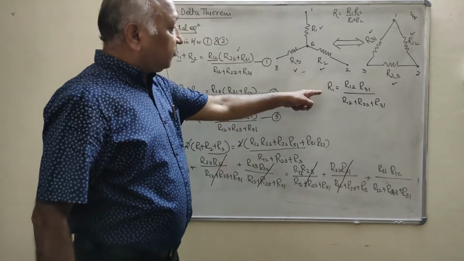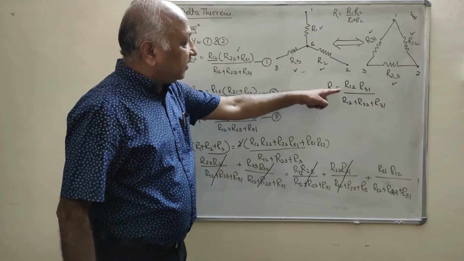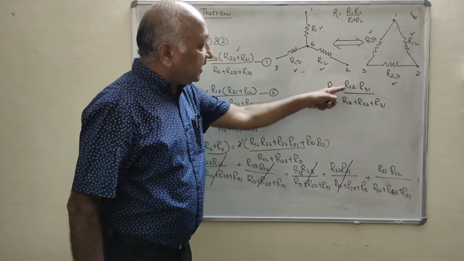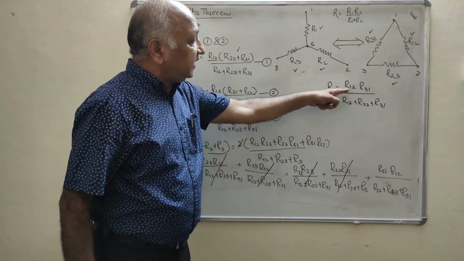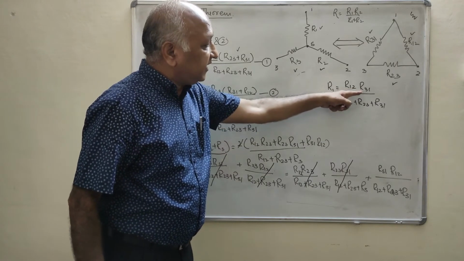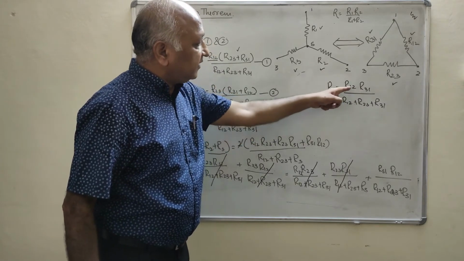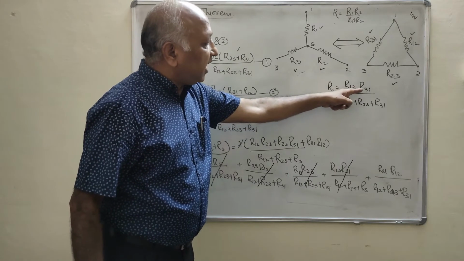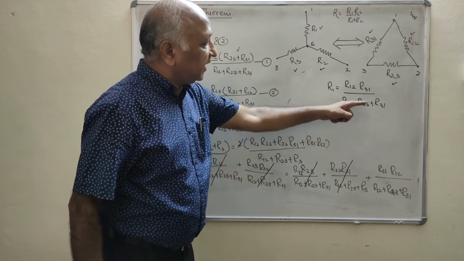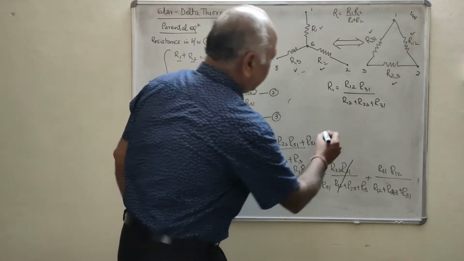Clear? Now see R1. Here R12 and R31, that means we have to take the resistances where 1 is coming, okay? So R1 is equal to R12 R31 upon R12 plus R23 plus R31. Clear?